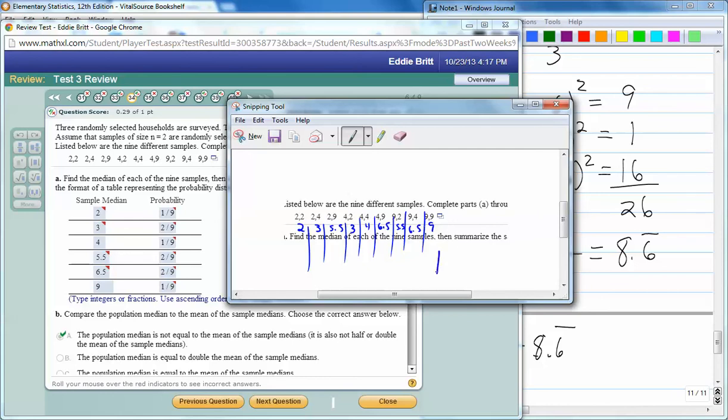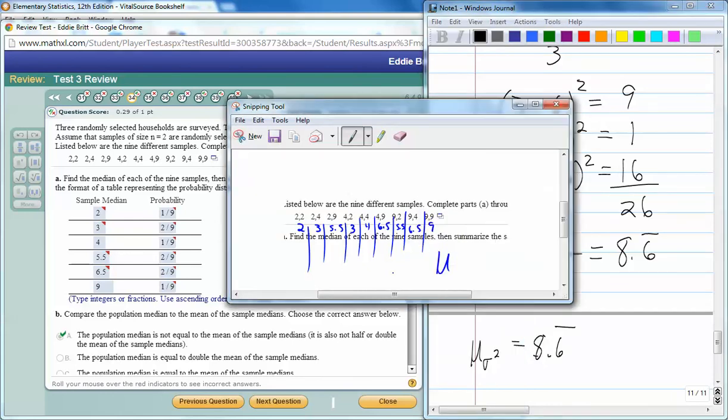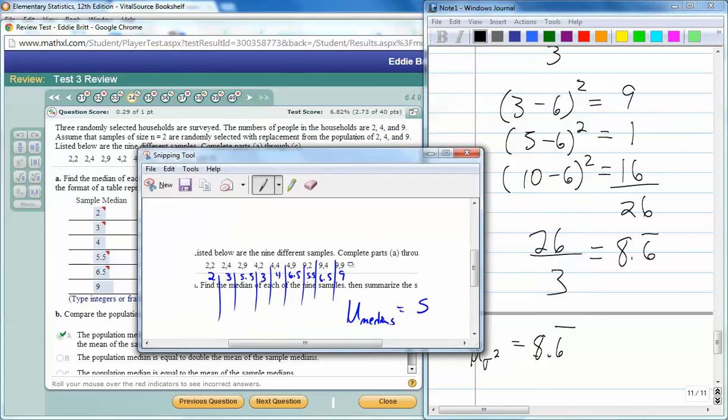So the mean of these medians is equal to 5. Now what is the population median? Well, what were our numbers again? This is our population up here, 2, 4, 9. So what would the median be? The number in the middle, 4.